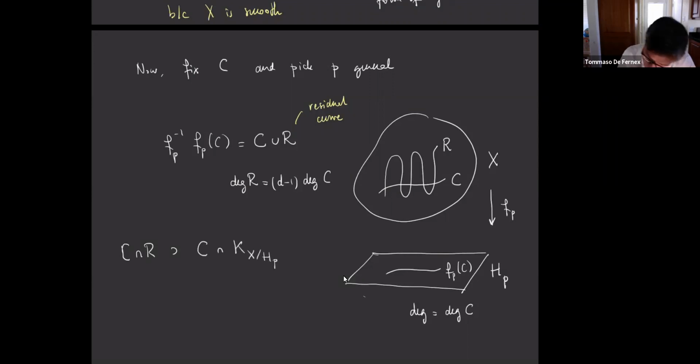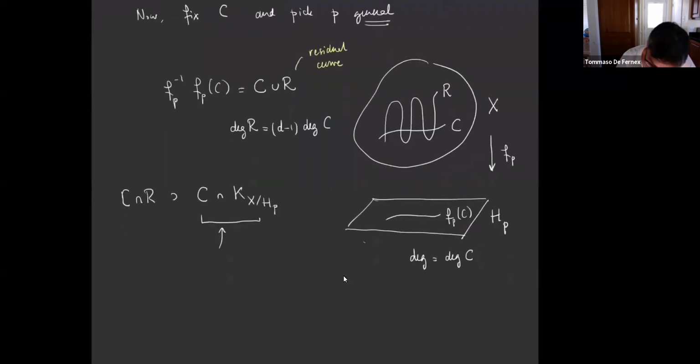Okay. But for a general P, because the ramification divisor moves in a base point free linear system, I can assume that it's going to cut C in a reduced set. And by just comparing equations, I see that this thing here is a reduced set. It's a set of how many points, where degree of C times the degree of the form cut in the ramification, which is D minus 1 times the degree of C, distinct points.